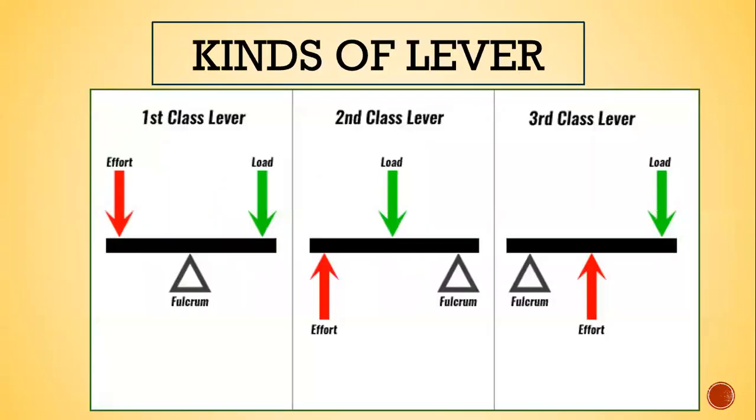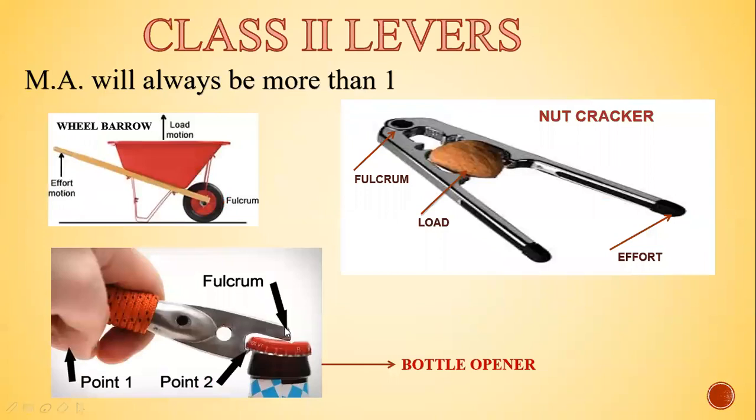Let us see class 2 levers. In a class 2 lever, mechanical advantage will always be more than 1. For example, a wheelbarrow. The fulcrum is at one end. The load, which is kept in this container, is in the center, and the effort applied is at the other end.